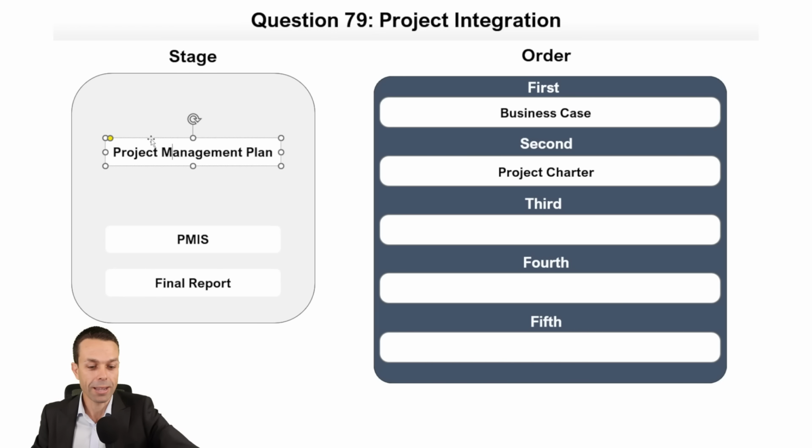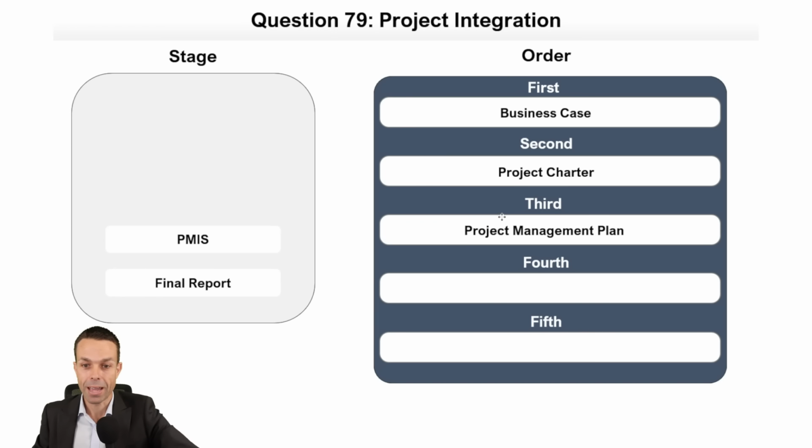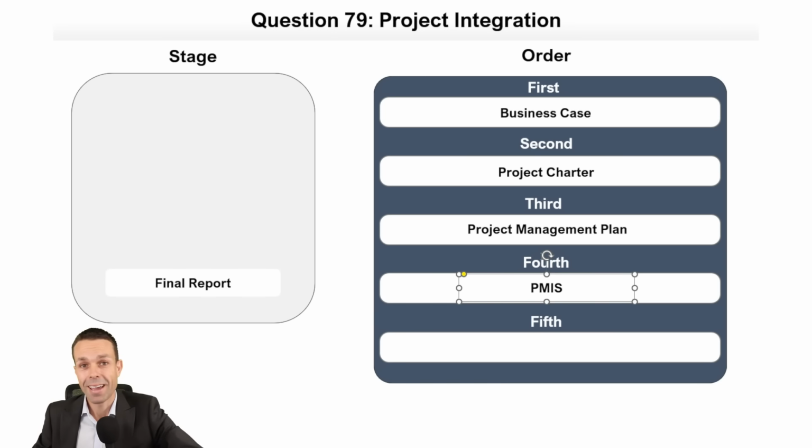Then we create our project management plan, and we plan out all of those things like we just saw previously, and a few extra things: procurement, risk, communications, resources. And as we go through the project, we need to access and use our project management information system. And that could be anything.